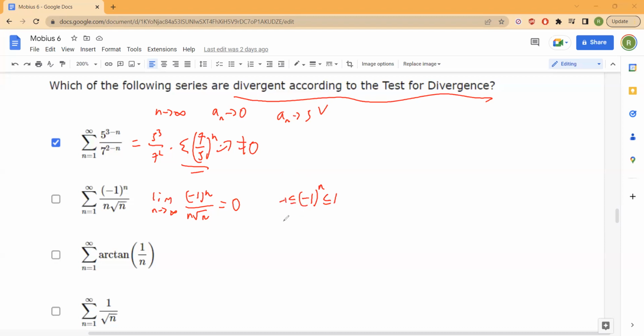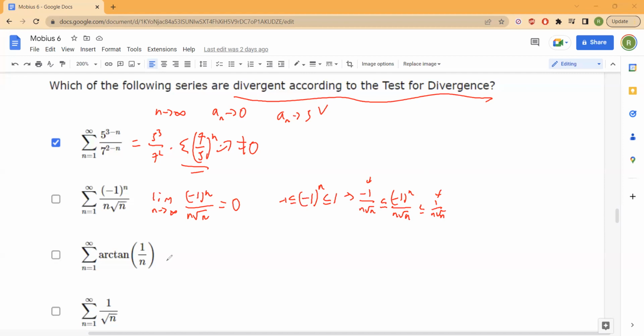So negative 1 over n root n is smaller or equal to negative 1 to the n over n root n, which is smaller or equal to 1 over n root n. You know these two approach 0 as n approaches infinity, and so the one in the middle has to approach 0 too.